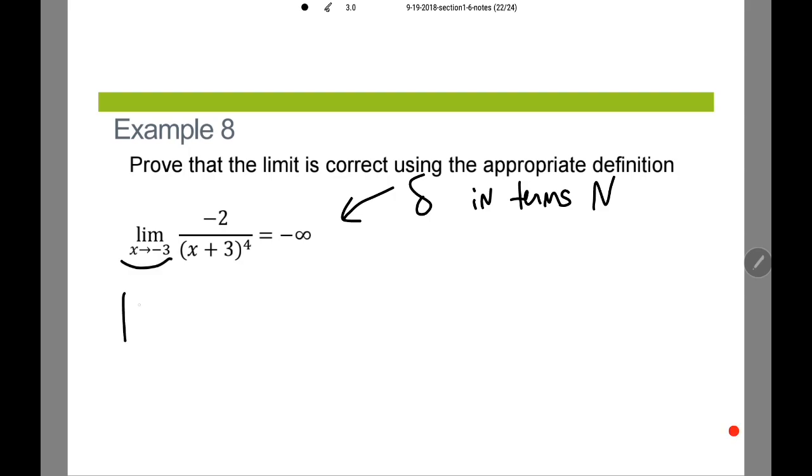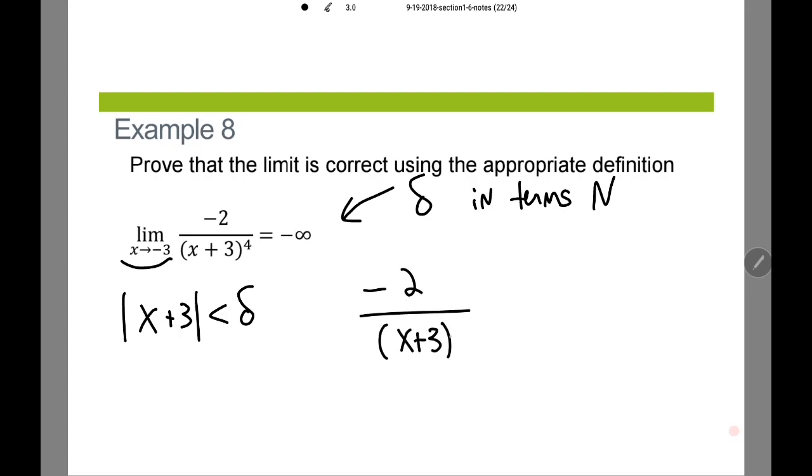So for this, we're going to have x minus a, so x plus 3 in this case, has to be less than delta. That pretty much means that negative 2 over x plus 3 to the 4th has to be less than my n value that I'm looking for.